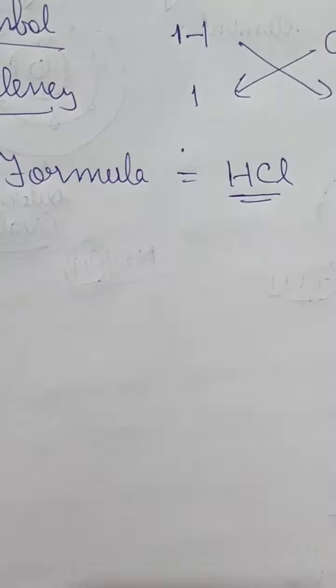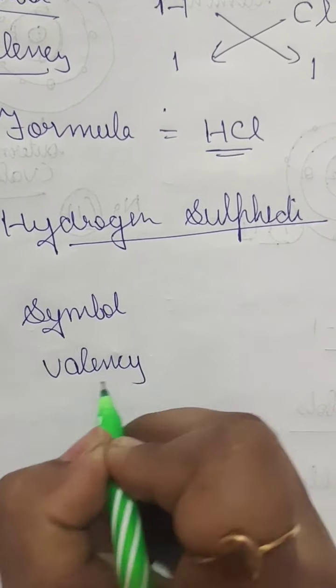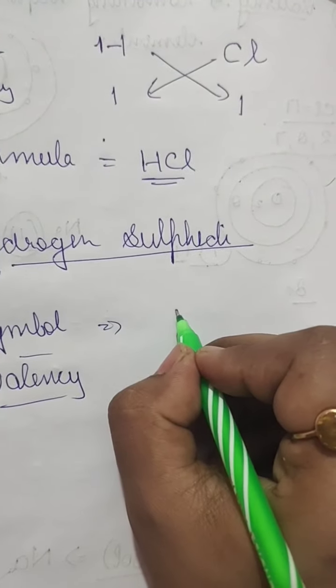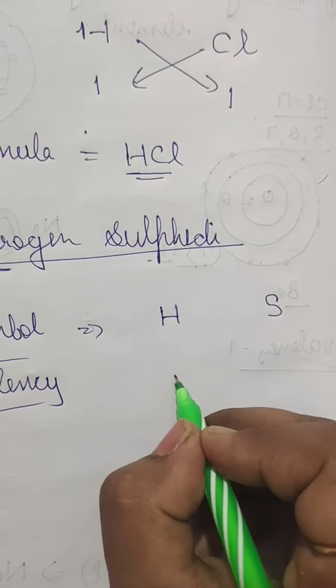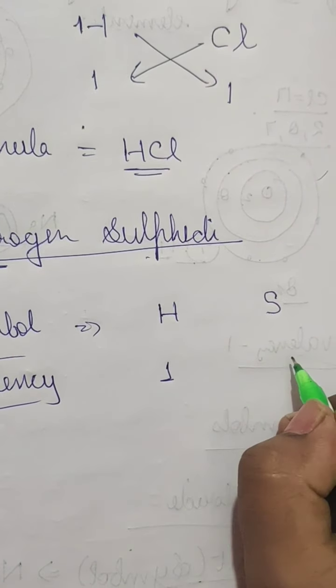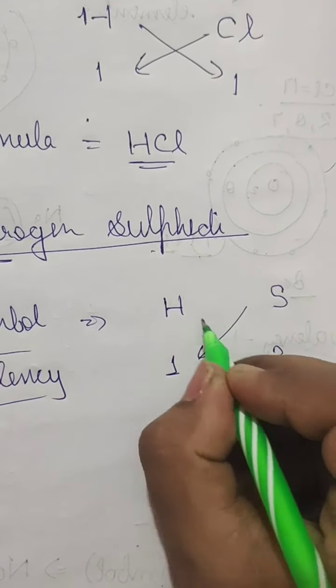Again the symbol and valency. Two elements combined here, hydrogen and sulfur. The valency of hydrogen is 1 and the valency of sulfur is 2. It will be crossed, so this 2 will come here and 1 will go here. It will be H2S.